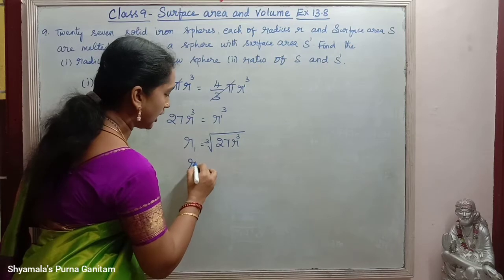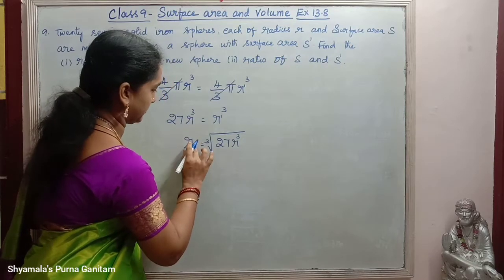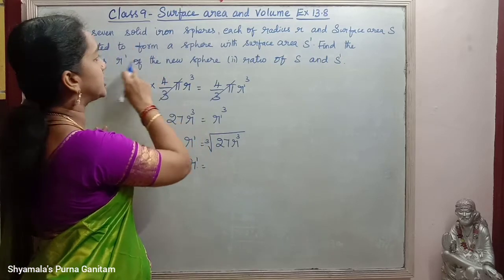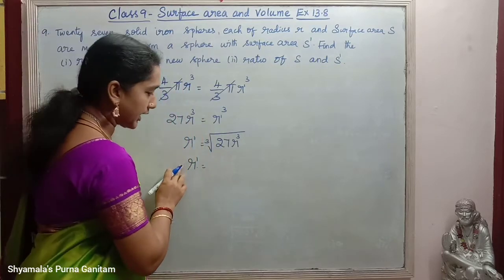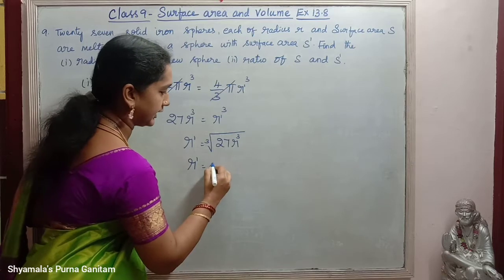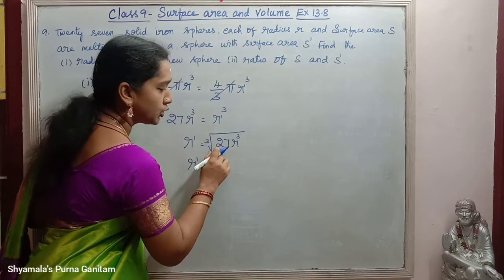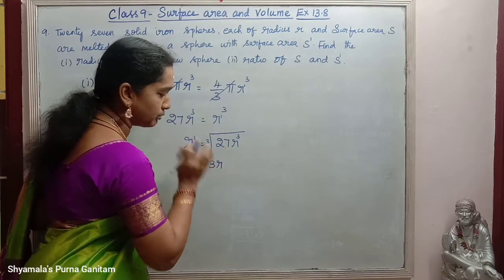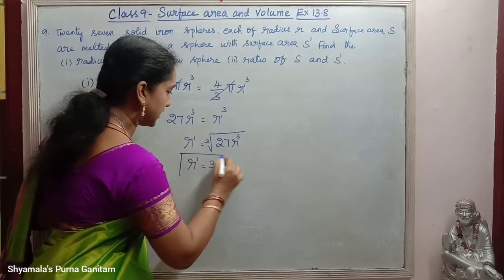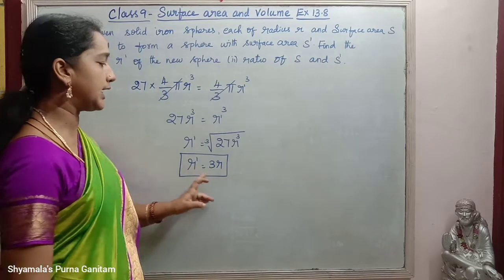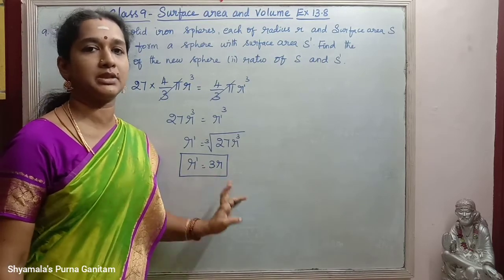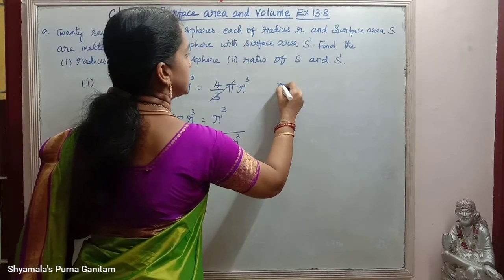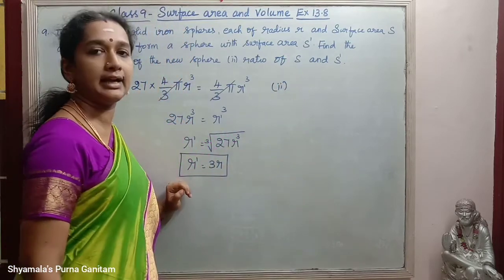So R dash, the radius of the new sphere, I will get as 3r. So for the new sphere, the radius is 3 times r. First question over.